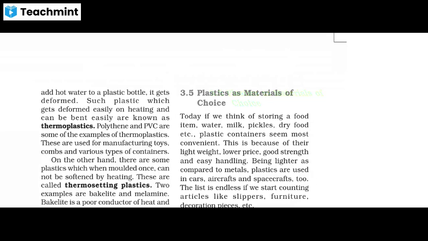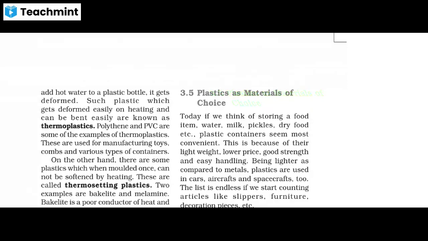Plastic which deforms easily on heating and can be easily bent, those are known as thermoplastics. Okay. Then, on the other hand, there are some plastics which, when molded once, cannot be softened by heating.